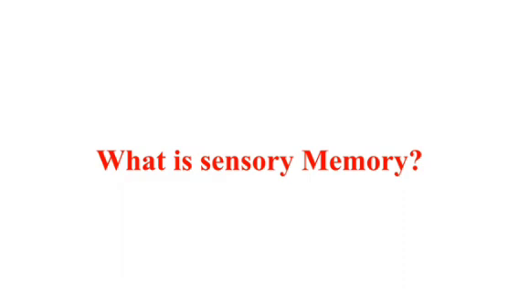These senses generate or produce the stimuli. What is sensory memory? The sensory memory is simply acting as a buffer for the stimuli received by the senses, as simple as that.